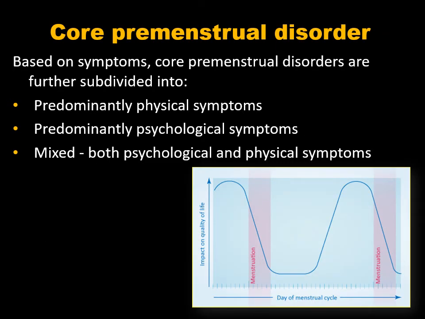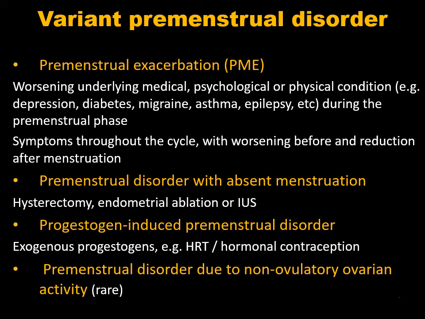Core premenstrual disorder can also be divided according to the symptoms, if they are predominantly physical or psychological, or there could be a combination, mixed psychological and physical symptoms. Variant premenstrual disorders include premenstrual exacerbation, where there will be worsening of an underlying medical, psychological, or physical condition such as depression, diabetes, migraine, asthma, or epilepsy during the premenstrual phase.